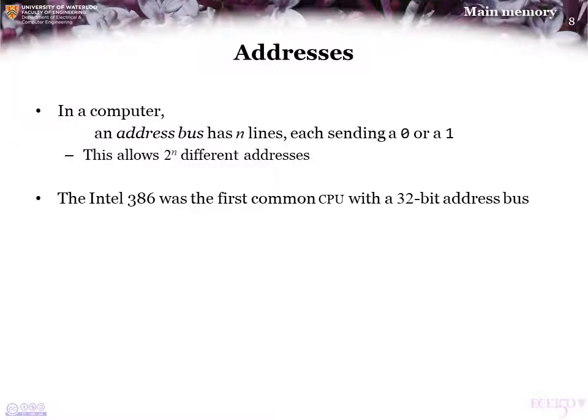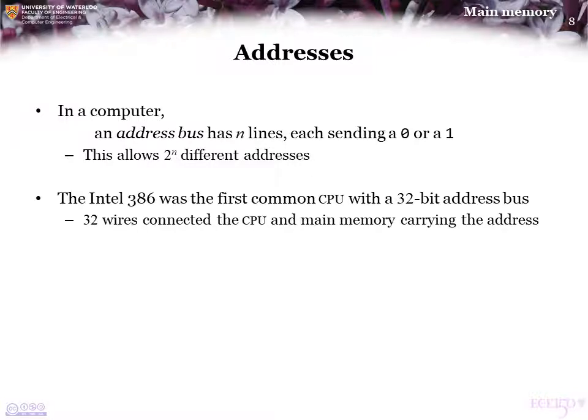Now, there were many other computers before the Intel 386, but the Intel 386 was one of the first common CPUs that had a 32-bit address bus. So therefore, essentially 32 wires or lines connected the CPU and main memory to carry any address.